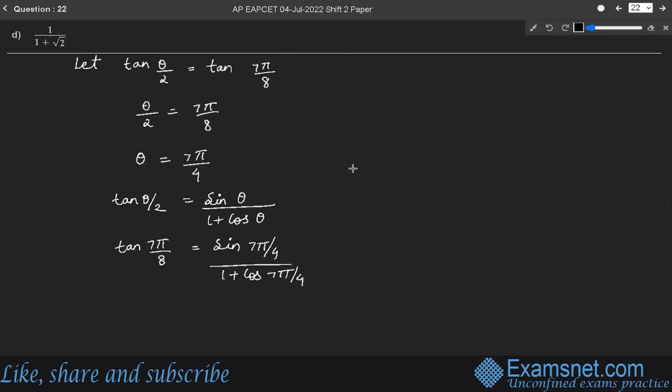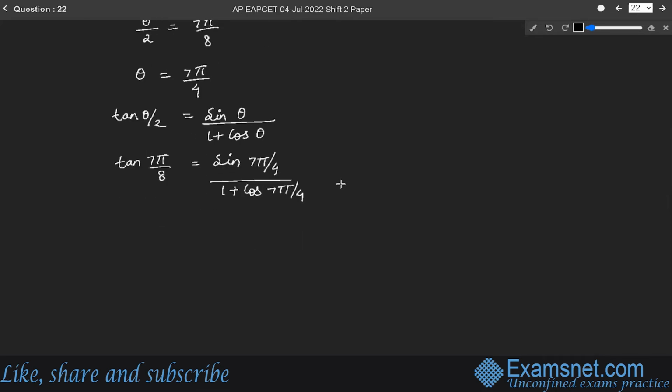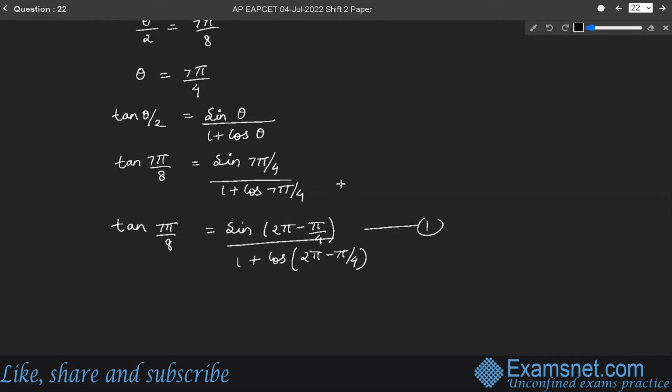We have just substituted the values here. So in this way, tan 7 pi by 8 will be equal to sine. See, 7 pi by 4 can be written as 2 pi minus pi by 4, divided by 1 plus cos of 2 pi minus pi by 4. Let this be equation number 1.